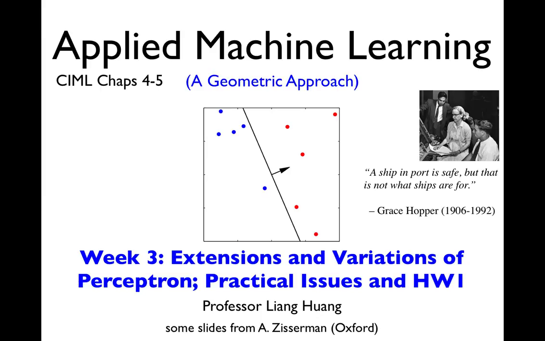this program. So here's a quote from Grace Hopper, one of the most important, influential computer pioneers. She said that a ship in port is safe, but that's not what ships are made for. Okay, so that's exactly the case of Perceptron.